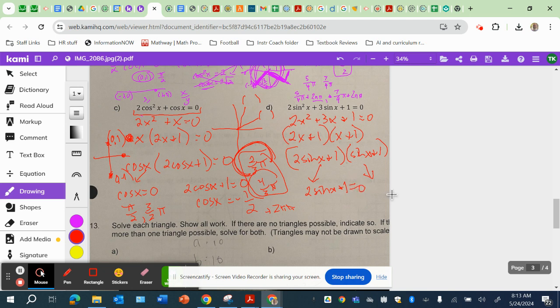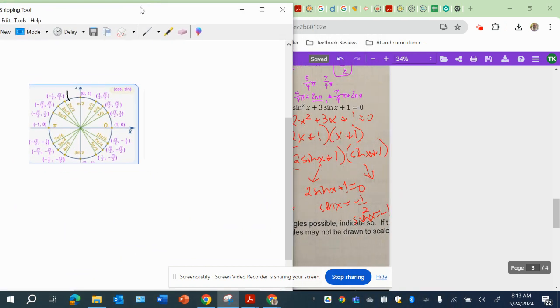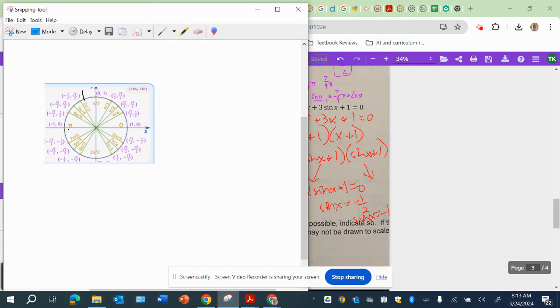Getting really sloppy. So this is where is the sine equal to negative 1/2. And then this one is where is the sine equal to negative 1. So if you just look at the unit circle again. Sine is the y-coordinate.